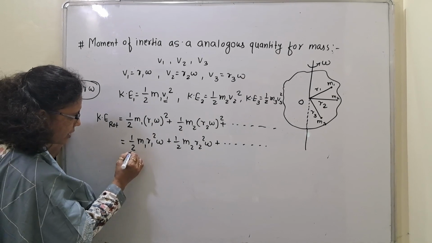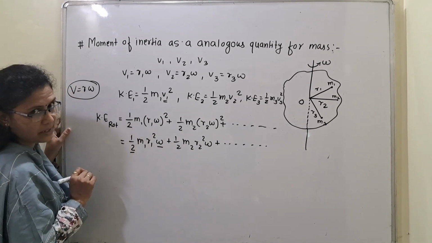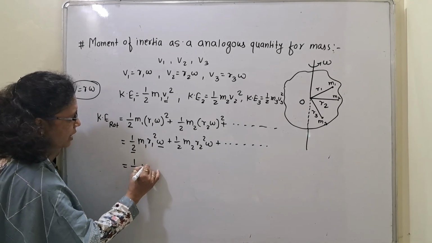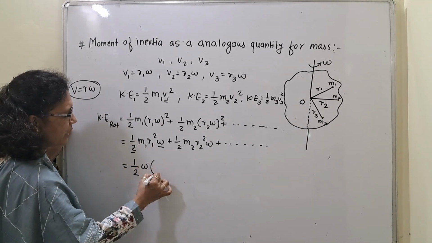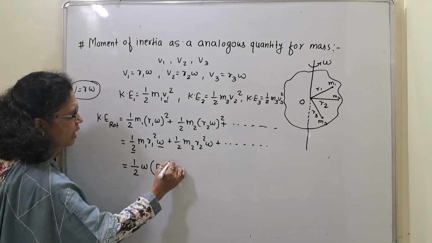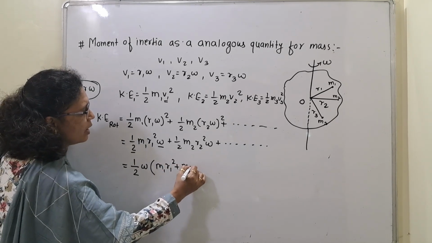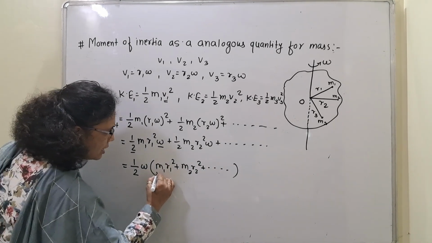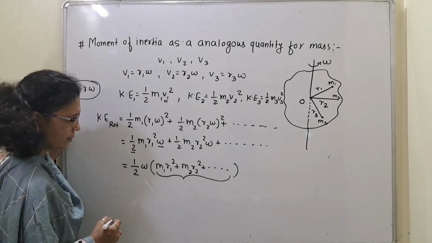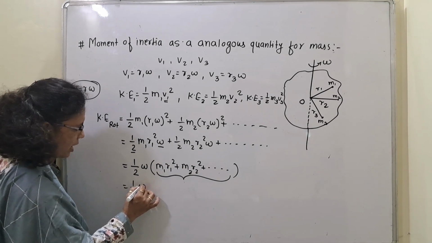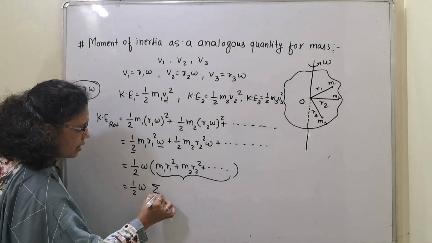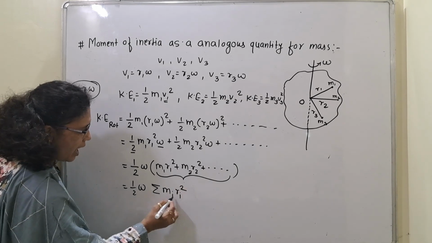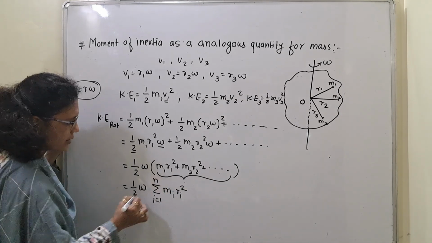If you observe here, 1/2 omega square is a constant term in each term. So 1/2 omega square will come out of the bracket and it will be m1 r1 square plus m2 r2 square and so on. This term I can write as 1/2 omega square summation mi ri square, where i ranges from 1 to n.